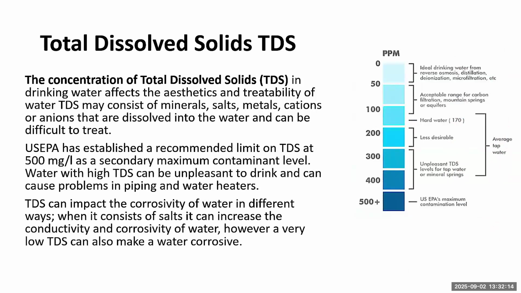Being on either side is usually not a great thing. When TDS is made up of salts, it can increase the conductivity and corrosivity of water. But also, if you've got a very low TDS, that water can be corrosive as well. That's why I say it's best to be somewhere in the middle, usually for most of these parameters that we're looking at.